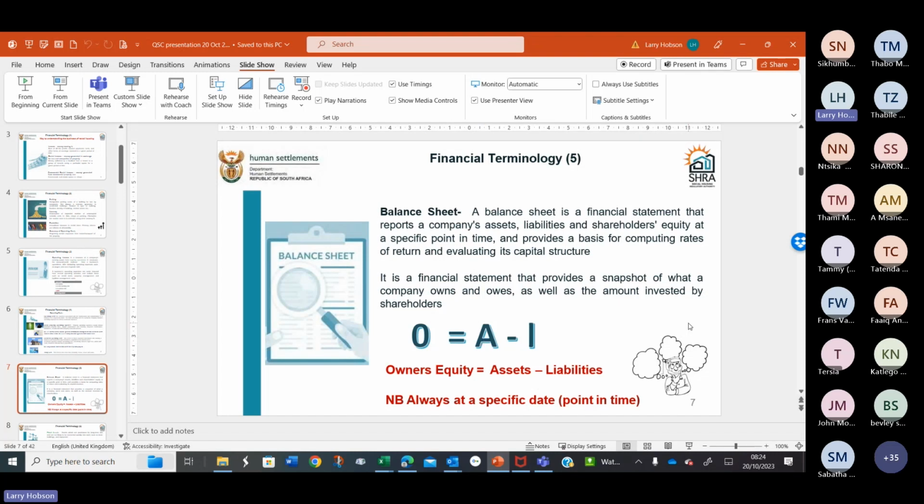And it's only ever at a specific point in time. Your income statement, or profit and loss statement, or statement of comprehensive income, they go by various names, show the results of your operations over a period of time, normally for a year. But the balance sheet is at one point in time, at the year end.